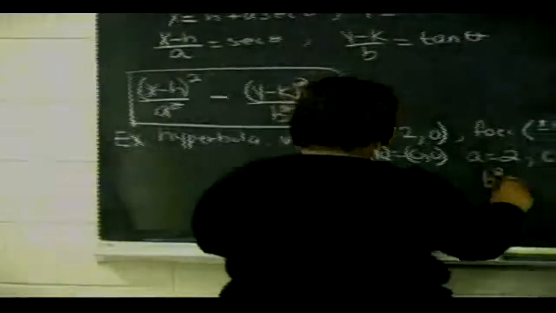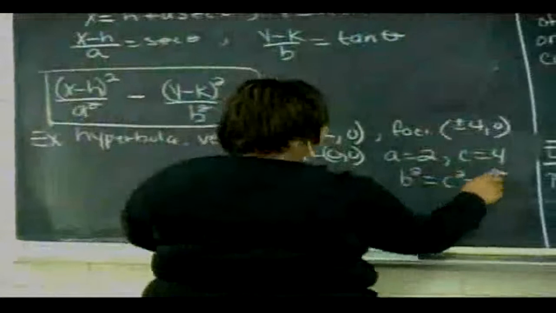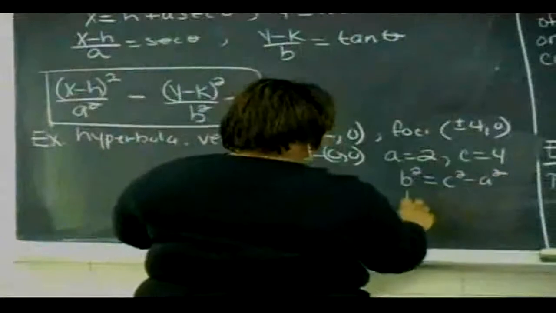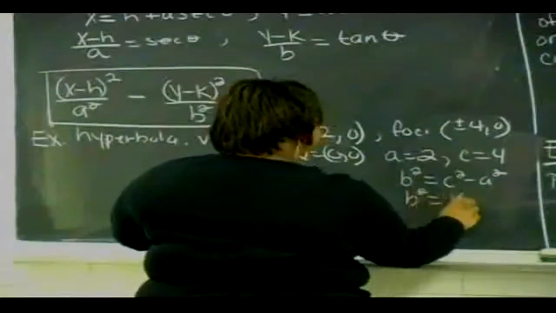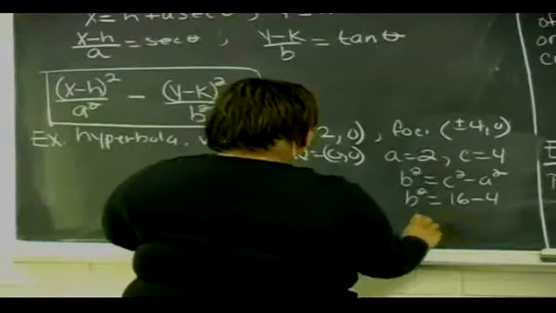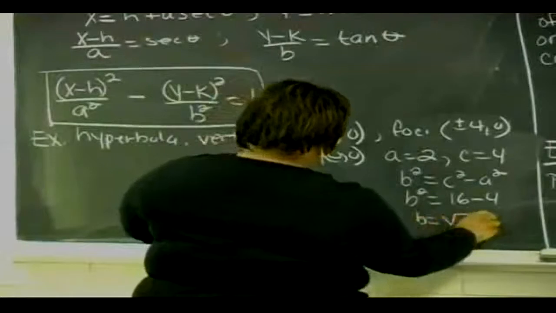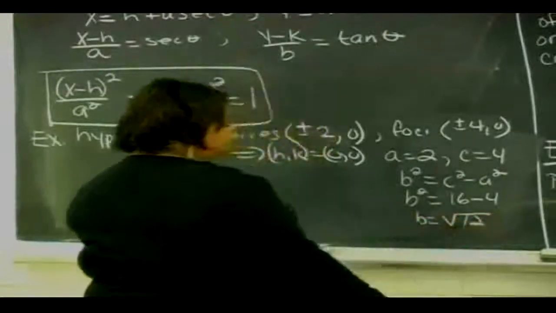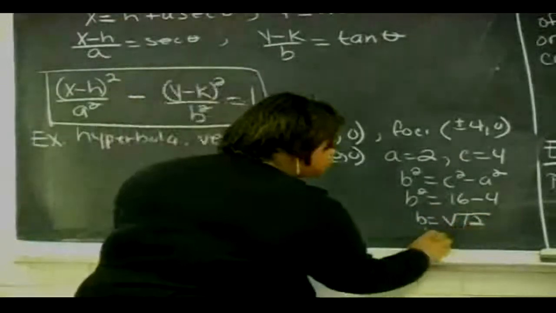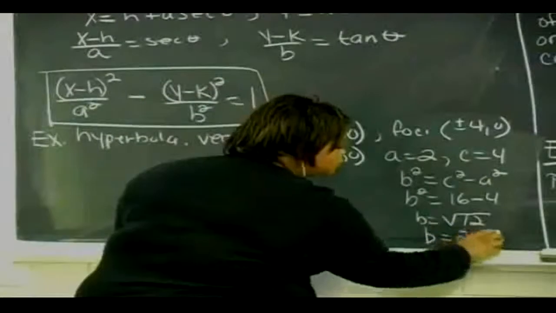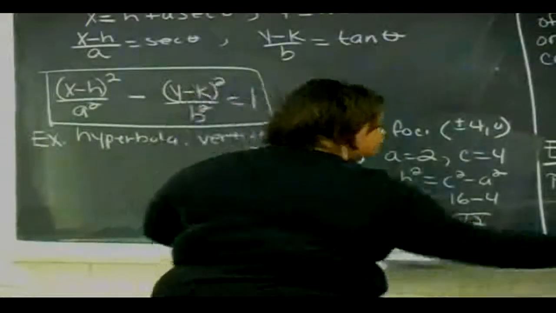So for the hyperbola, b squared equals c squared minus a squared. So b squared is 16 minus 4. So b is the square root of 12. What's the square root of 12? 2 square root of 3.